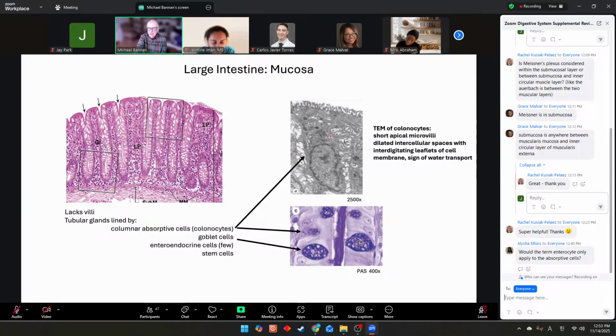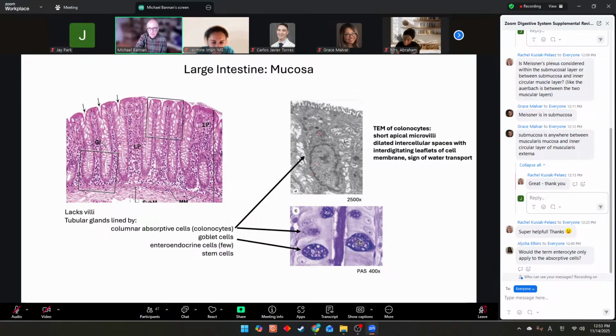And the modification here, you'll notice how this differs from the modifications we saw in the enterocyte, the small intestinal columnar absorptive cell. Remember, that cell was modified to do terminal digestion and absorption at the luminal edge of the cell, the apical side of the cell. So it had very well-developed microvilli on the apical membrane.